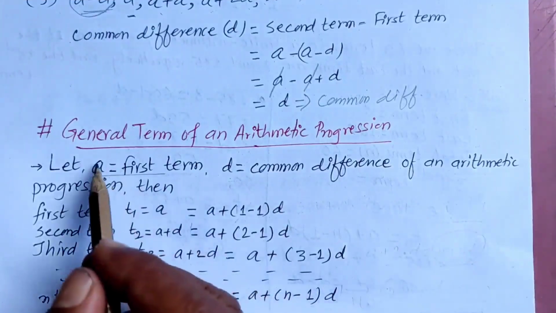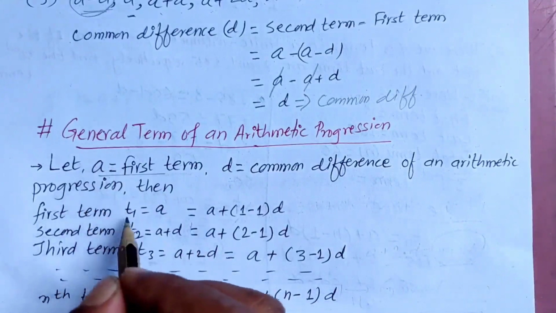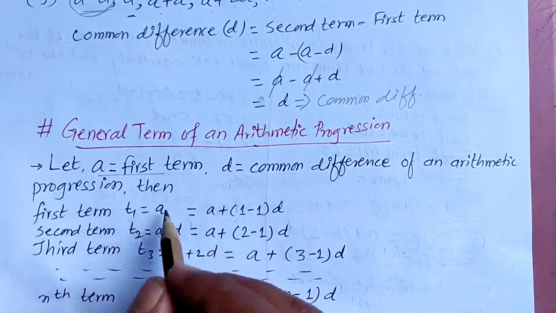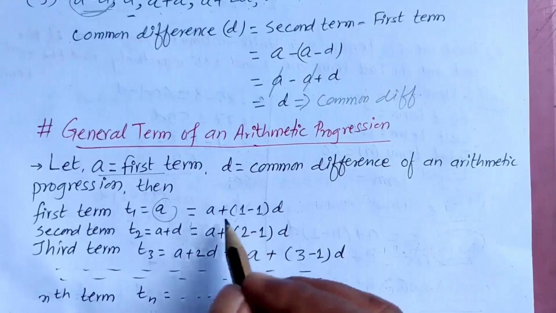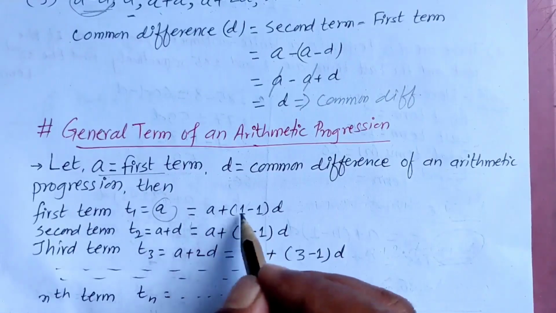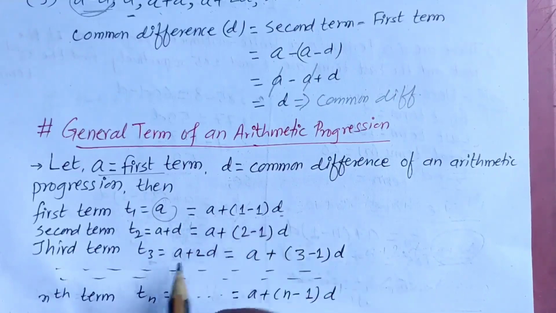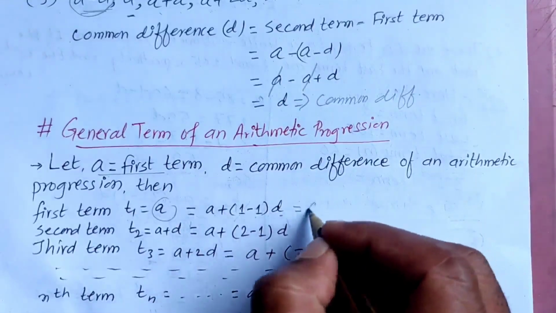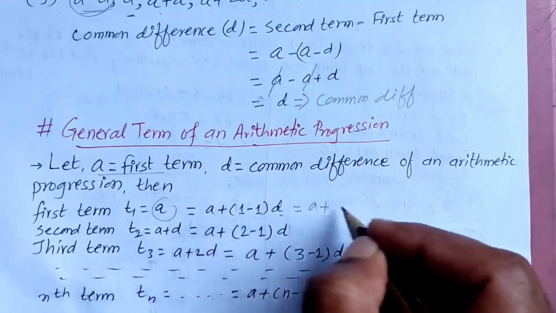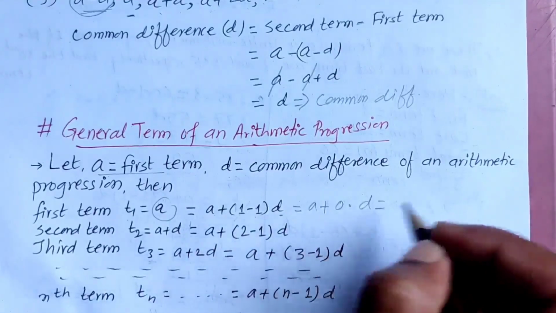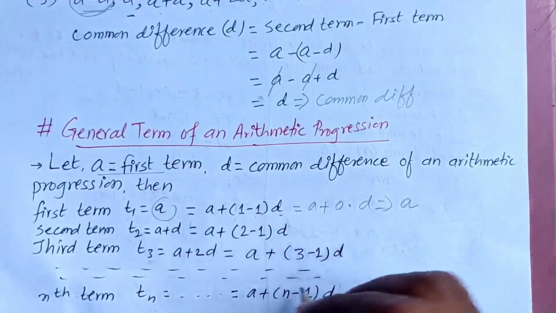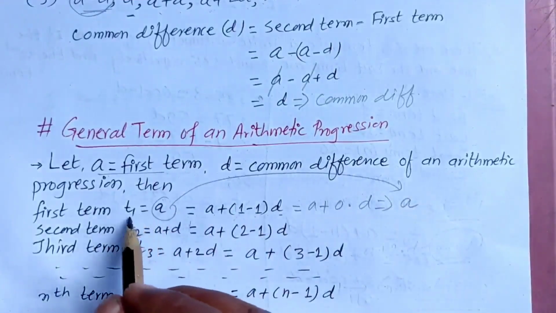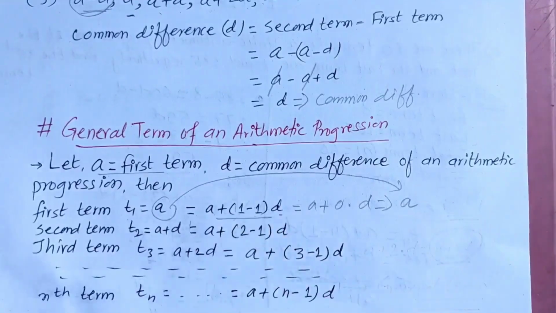Then the first term is denoted by T1, and T1 is equal to A. This A can again be written as A plus (1 minus 1) D, because if you solve, 1 minus 1 is 0, so 0 times D, and ultimately it gives A. So this A and that A are the same, and T1 equal to A can be written like this.